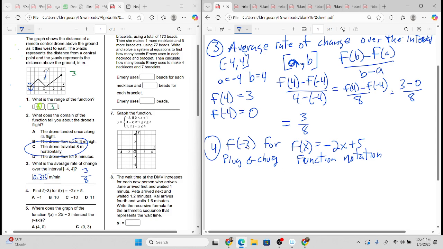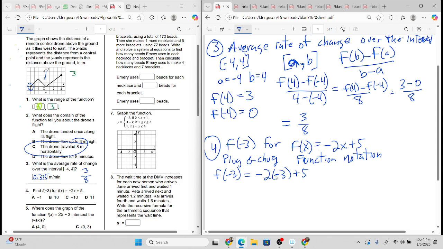So f of -3. So if I think of f of -3 in my equation part, wherever there's an x, I'm gonna put a -3. So that's going to be f of -3 is -2 times -3 plus 5.